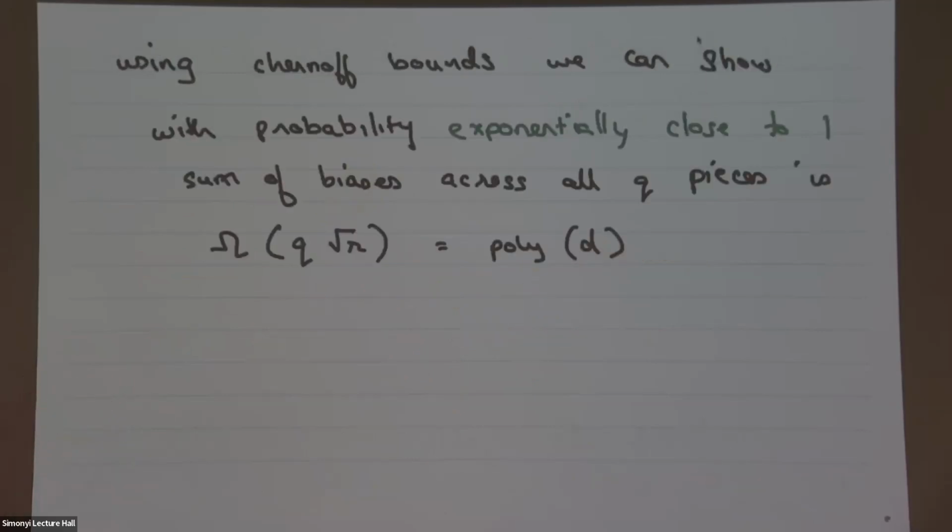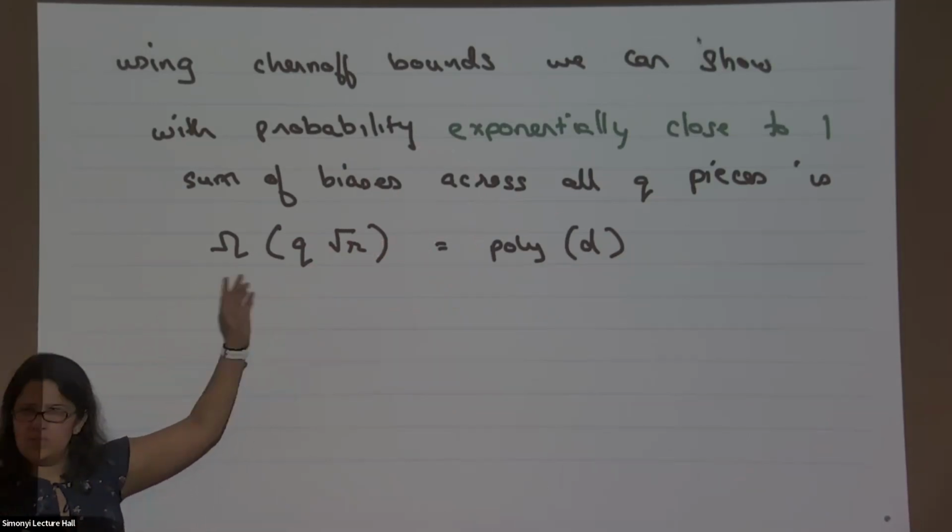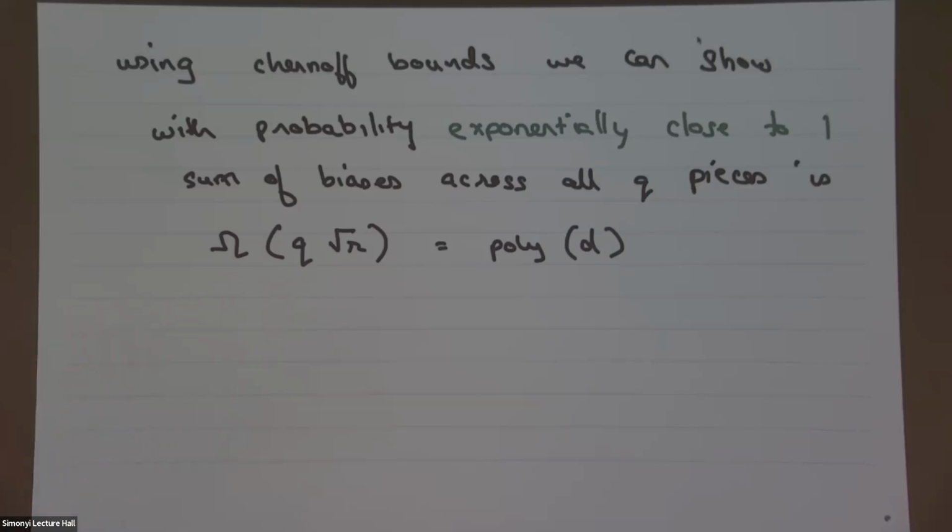Using Chernoff bounds, we can say with probability exponentially close to 1 that the sum of biases will be large. For no individual piece can I guarantee that, but on average over all the pieces, with exponentially large probability, the sum of biases will be Q times square root R, which if Q was root D and R was root D, is the sum of D to the 3/4, which is polynomial in D.